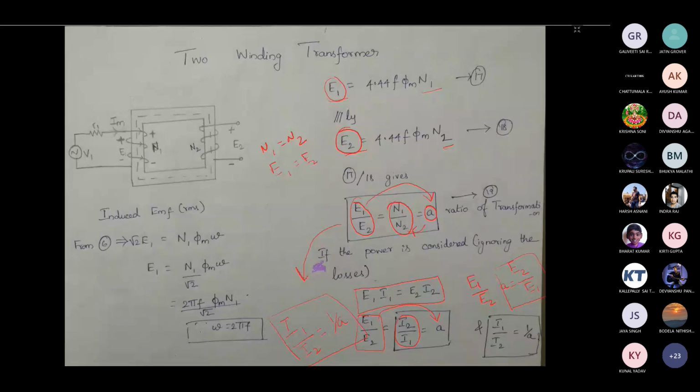Some people would have taken E2 divided by E1, so at that time N2 divided by N1 will be there, and then this will be equal to I1 divided by I2.